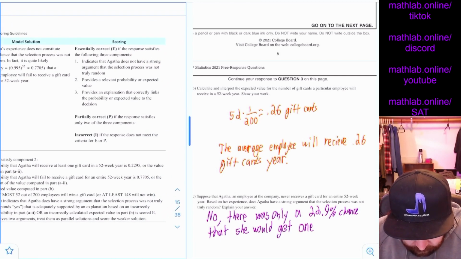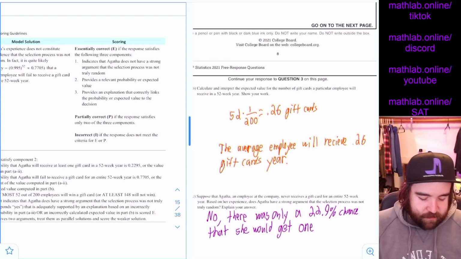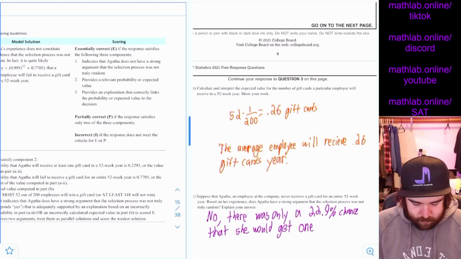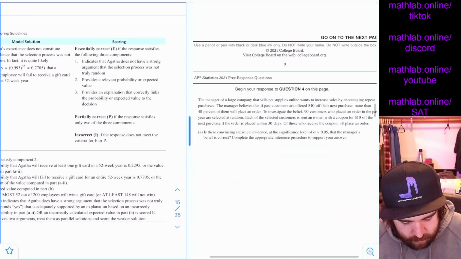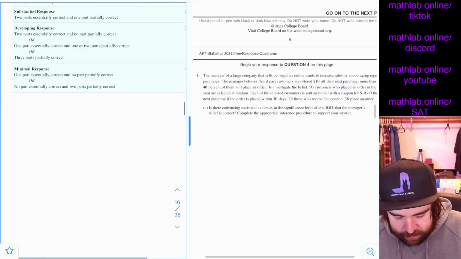Provides an explanation that correctly links the probability to the decision. I feel like I did that by saying only. I don't know. Maybe I didn't do that final bit. But that's okay. I got the bulk of it.